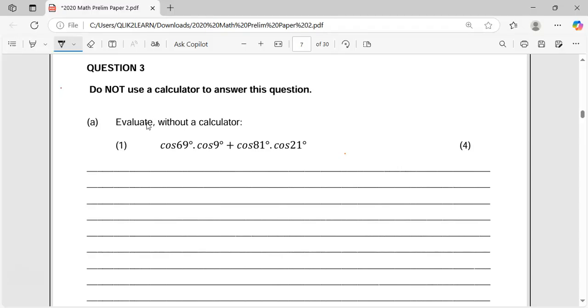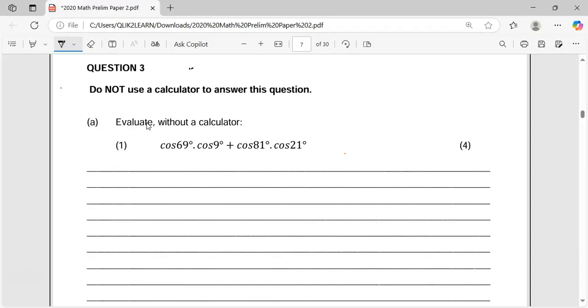But now I'm not sure if you guys can see the pattern in this problem. The pattern: I have cos, cos, cos, cos. So I know that if I had cos, cos, then sin, sin, then this will be the compound angle.